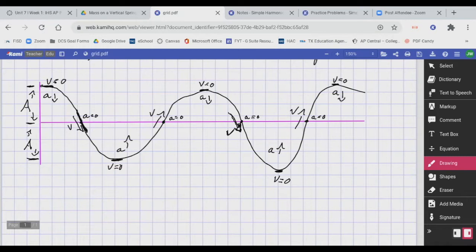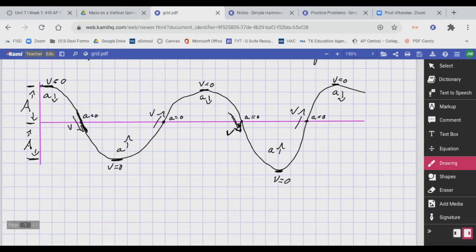And when you hit equilibrium, the acceleration stops and you go sailing right past, you overshoot equilibrium. At that point, acceleration turns around and points in the opposite direction, which slows you down. Then you hit that furthest point on the other side, and acceleration has slowed you down to 0 velocity, turning your velocity around to face the other direction.